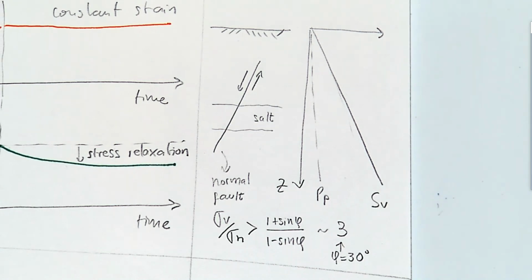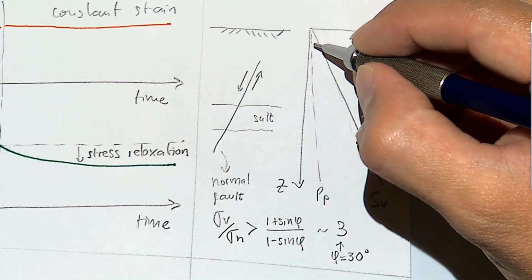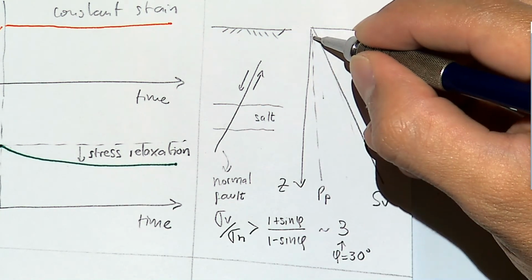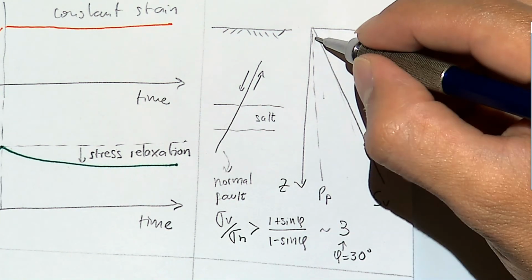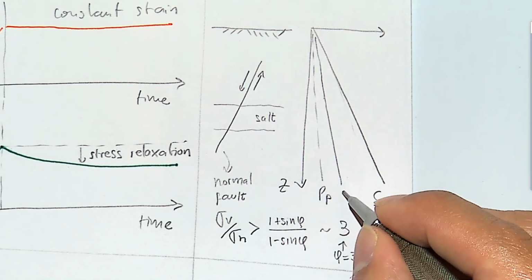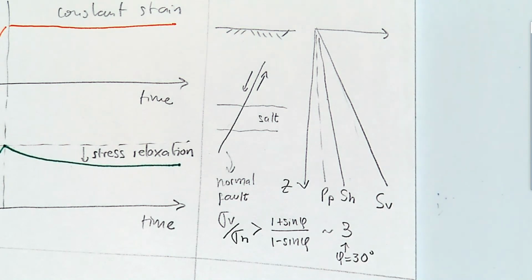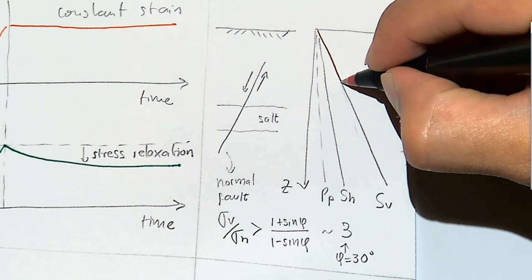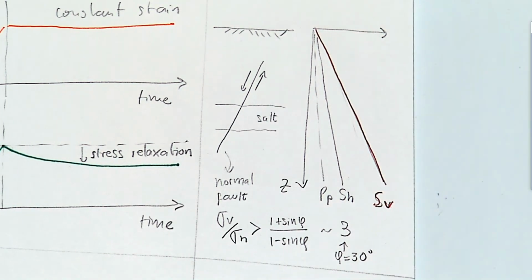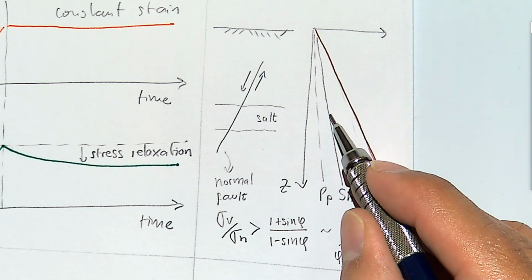And what that means is, for this particular case, the total horizontal stress is going to be somewhere over here at the point in which the fault forms. Let me add a little bit of color to this. But this is going to be when the fault forms.